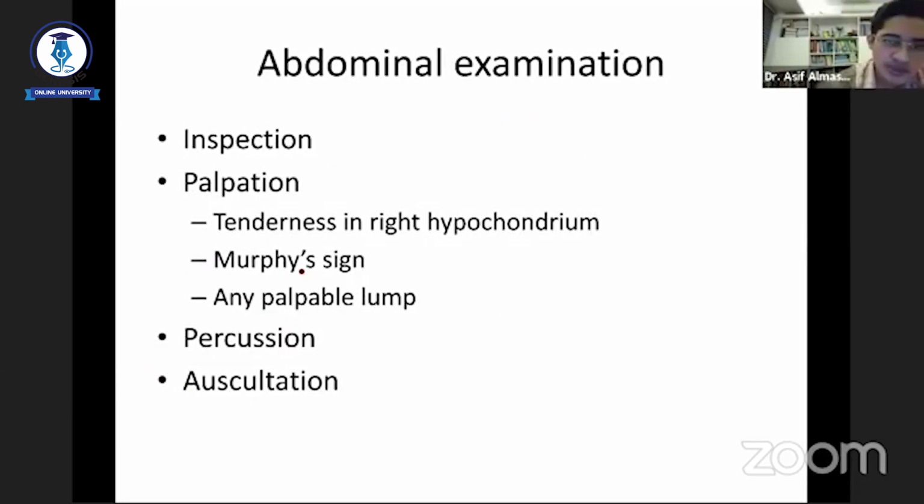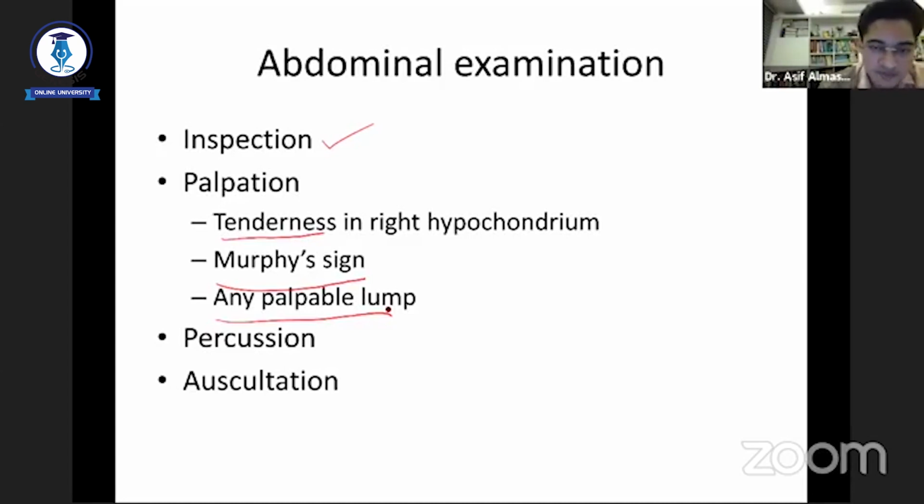On abdominal examination, usually on inspection we do not find any pathology. On palpation, there may be tenderness in the right hypochondriac region. Murphy's sign is very, very important. Remember to correctly elicit this sign, because this will always be asked in the long cases. If you have a case of cholecystitis, the examiner will always ask you to show him the Murphy's sign and how you do it.